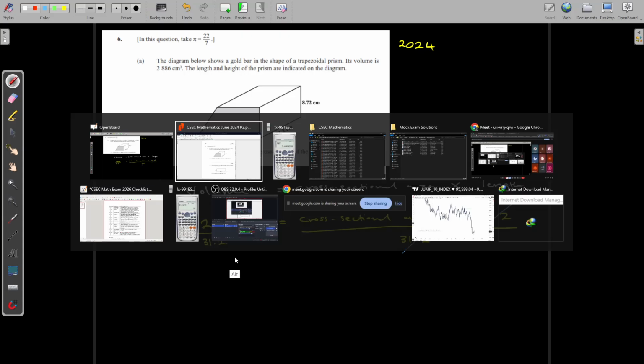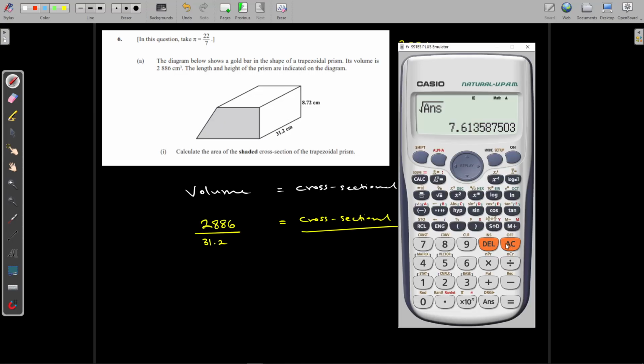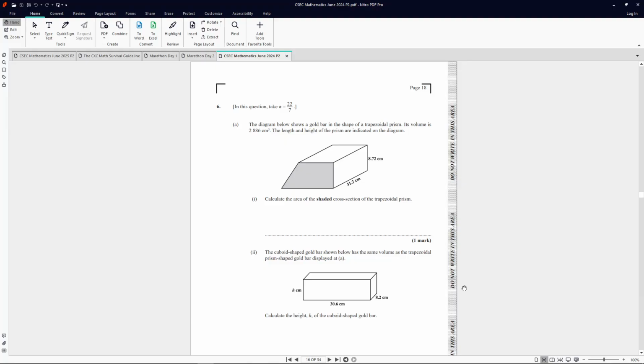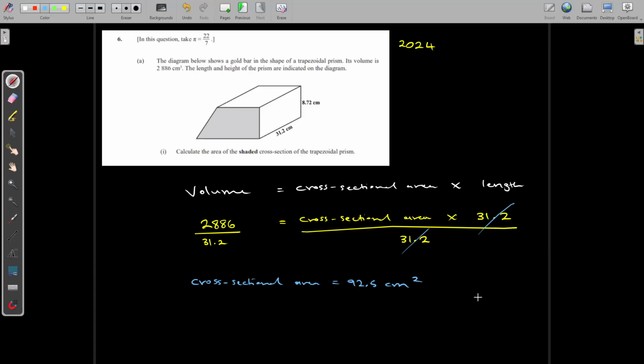Dividing this will give us 92.5. And what's the unit? Centimeter squared. Okay, so it's area, so it's centimeter squared. And that's for, I believe, 1 mark. Just divide that by that to get your answer, 1 mark.